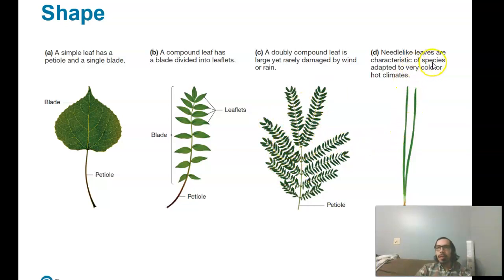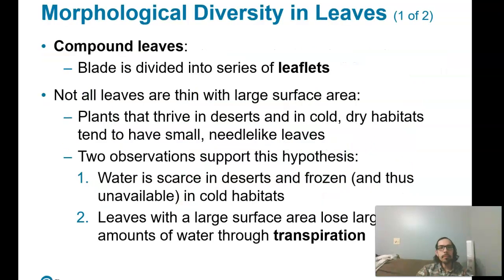And then you have needle-like leaves that are characteristic of plants that grow in very cold or very hot environments, because they are able to reduce water loss. So with compound leaves, the blade is divided into a series of leaflets.